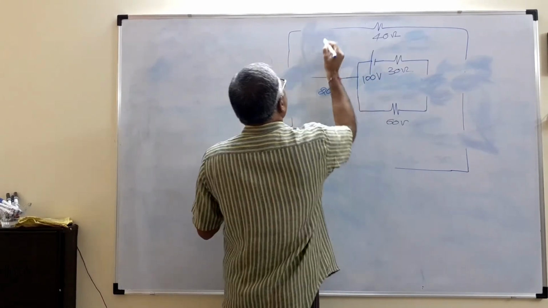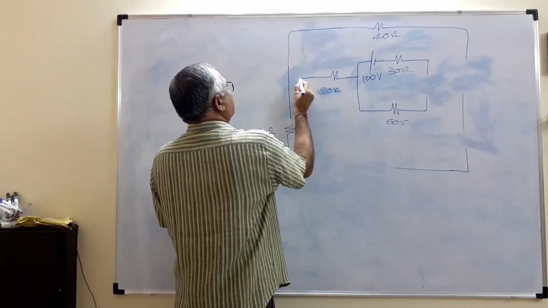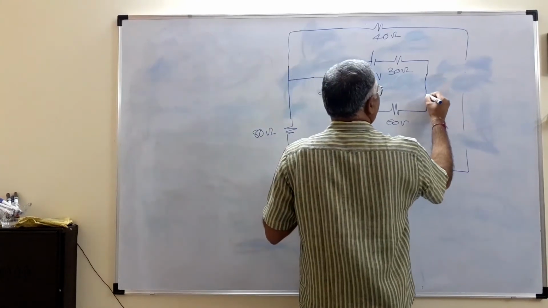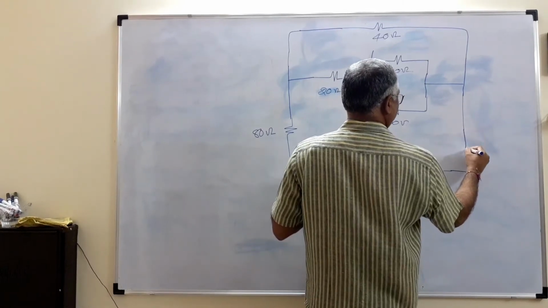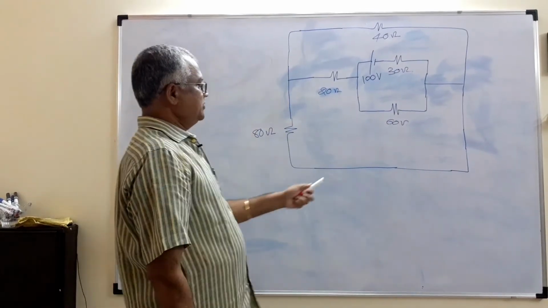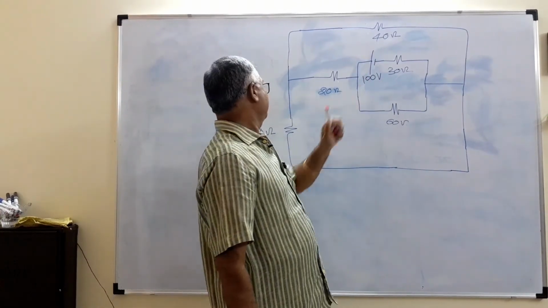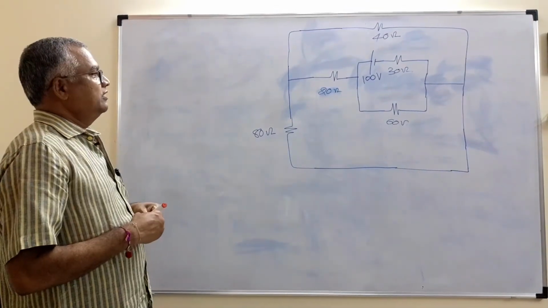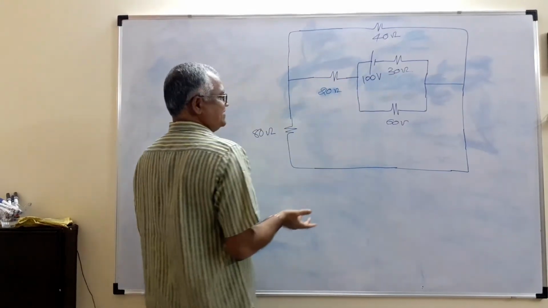Same 100 volts. So this is another problem. What is the change? Previously the source was here, now shifted to here. Then the same questions, how can we answer? Because the source is moved here, R equivalent will change.